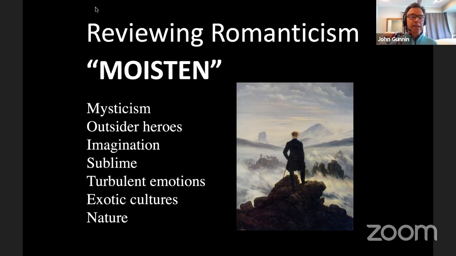And then finally, nature, and in some cases, almost a pantheism, or seeing spirituality through nature. These are some of the characteristics of Romanticism. And it's important to remember that not every Romanticism work will have all of these, maybe just one.